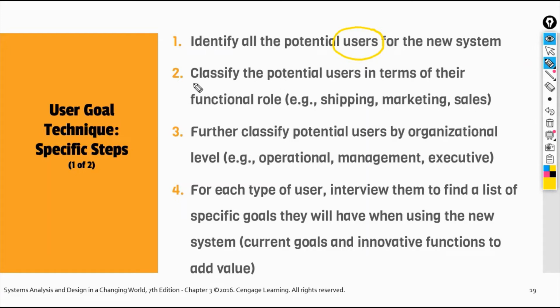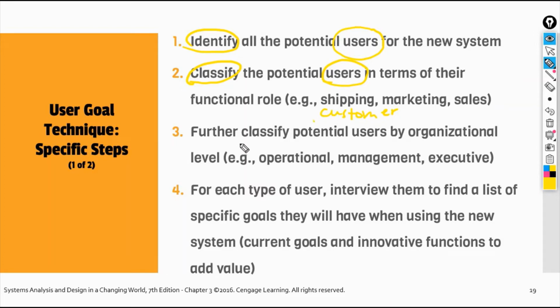Second is to classify the potential users in terms of their functional role. For example, shipping, marketing, sales, or maybe customer. So what is the functional role of that user?